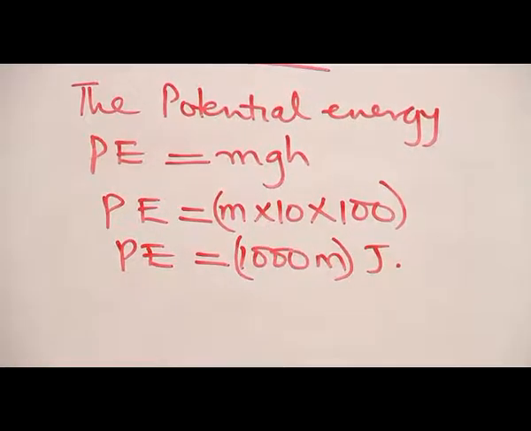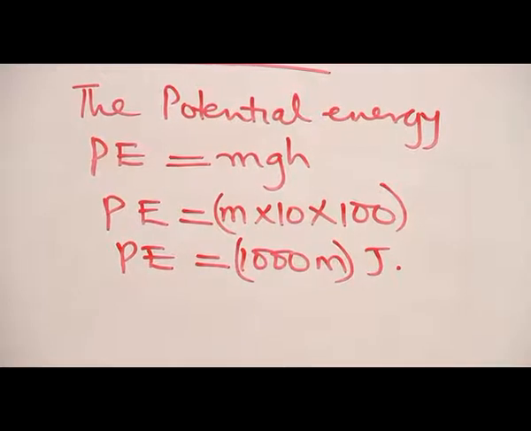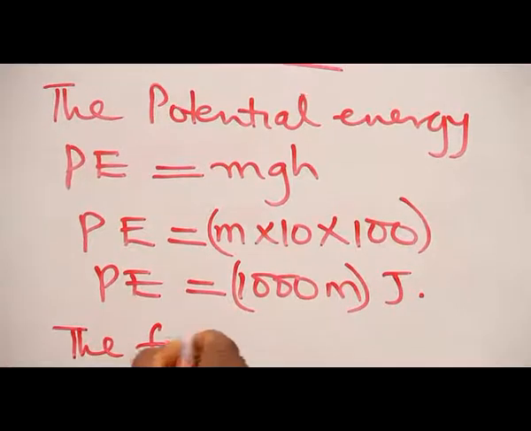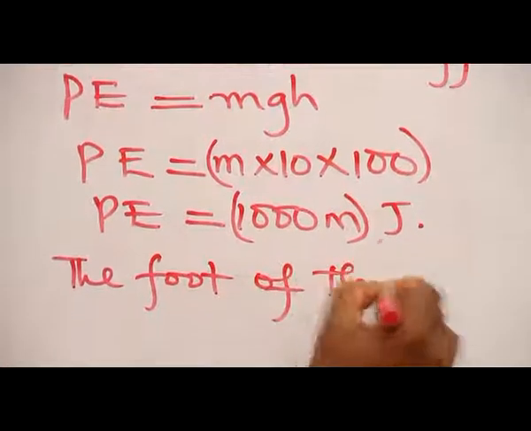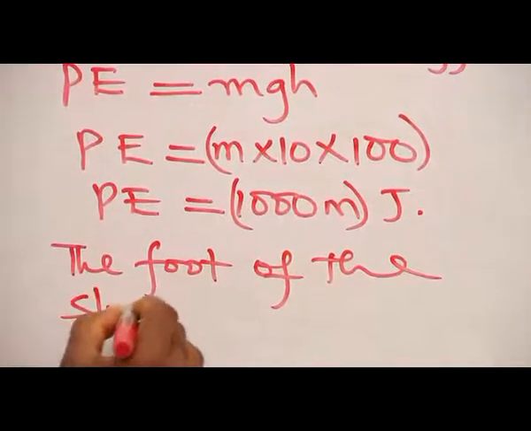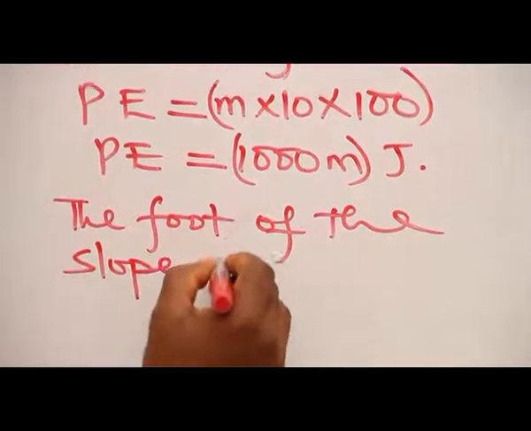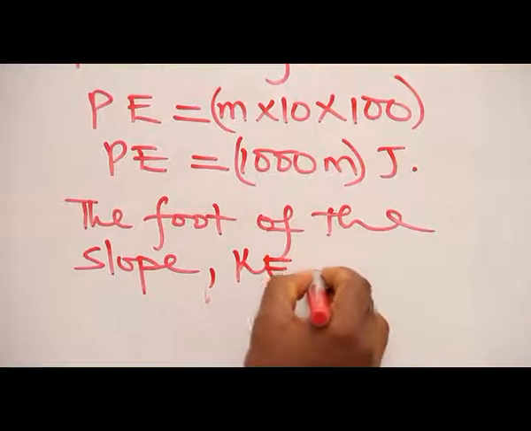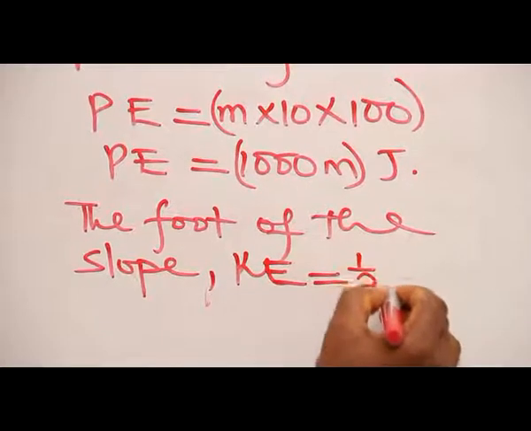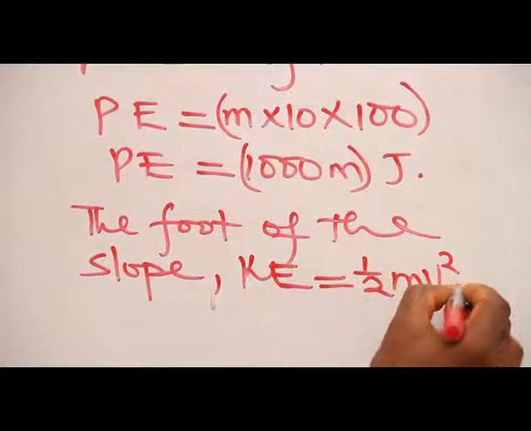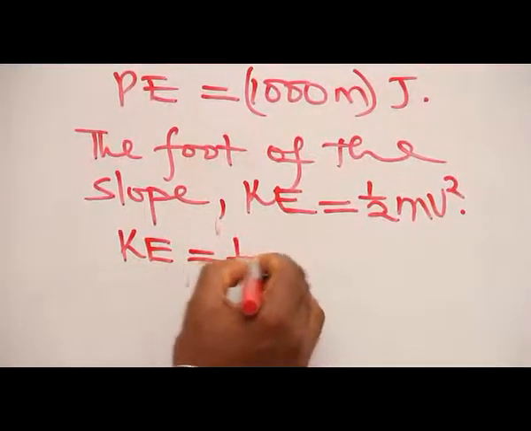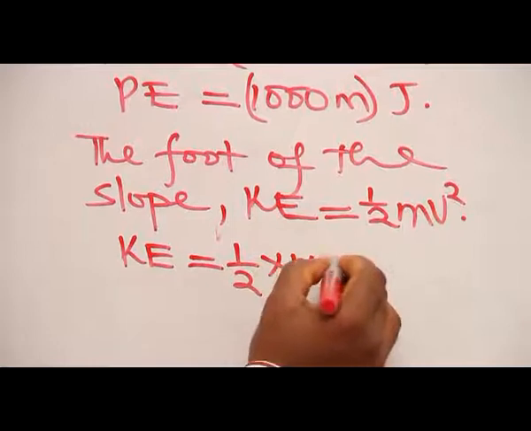At the foot of the slope, the energy is kinetic. Kinetic energy is given by half mv squared. So the kinetic energy will be half times the mass of the body.